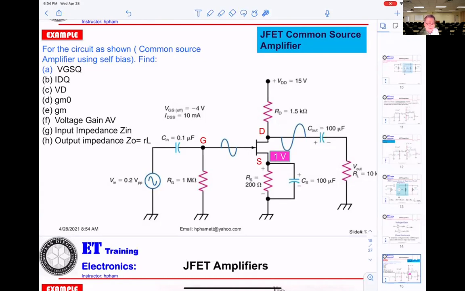Normally they are just asking you generally what the DC bias is, and you don't have to do any calculation. With self-bias, you need the graph in order to solve the problem. Without the graph, they must give it to you. For example, they give you Vs equal 1 volt, and they want you to calculate the VGSQ, IDQ, and so on.